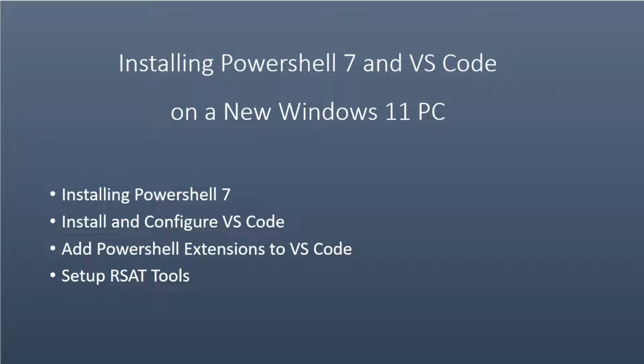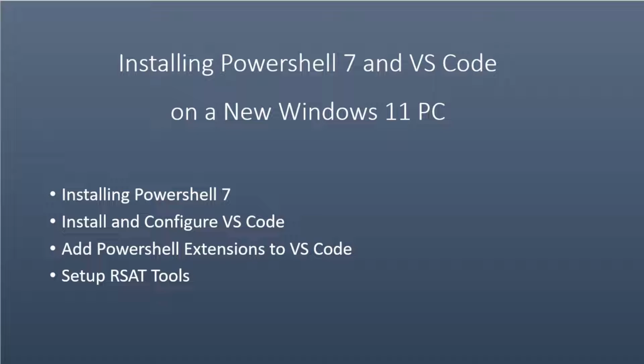And finally, I'll just do a brief kind of look here at installing some RSAT tools in Windows 11. Because that might not be that familiar to a lot of you folks that are maybe coming from earlier times when we used to download the RSAT tools and install them onto a Windows computer, specifically a Windows client computer, to get all of the server management tools from there.